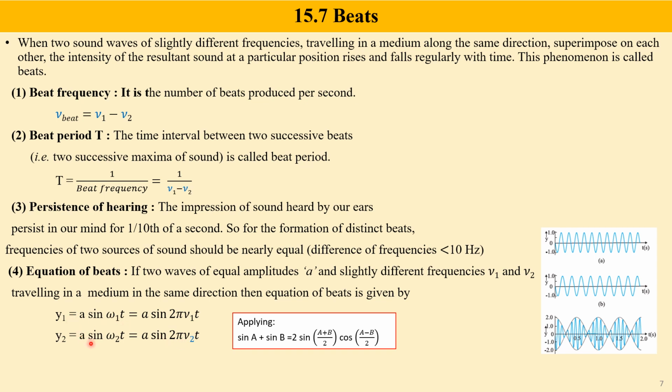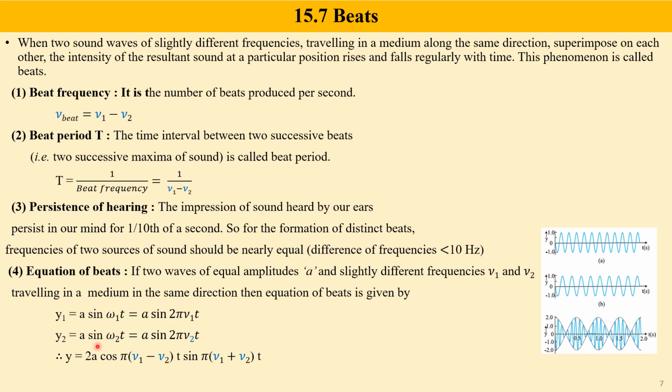Adding y1 and y2 and applying the trigonometric formula sin a plus sin b is equal to 2 sin of (a plus b) by 2 into cos of (a minus b) by 2, we can write y is equal to 2a cos pi (nu 1 minus nu 2) t into sin pi (nu 1 plus nu 2) t.